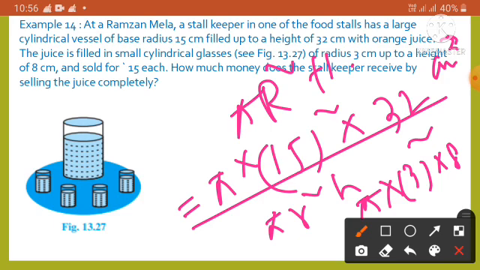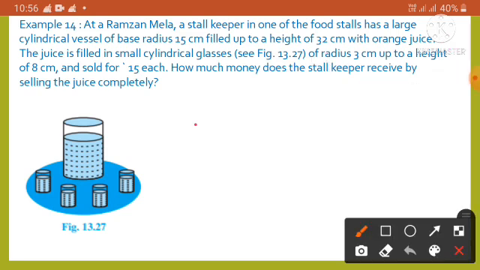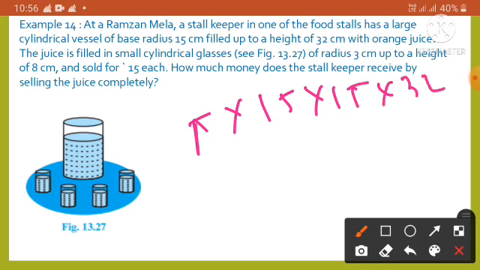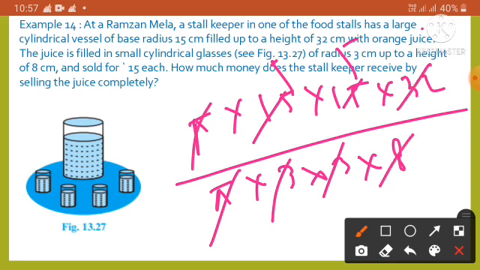So the number of glasses of juice sold will be equal to the volume of the vessel divided by the volume of each glass. So it will be pi into 15 into 15 into 32 by pi into 3 into 3 into 8, which is equal to 100.